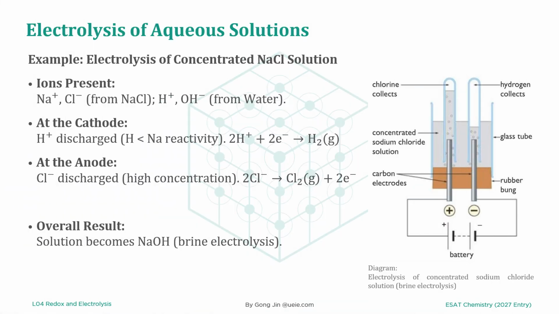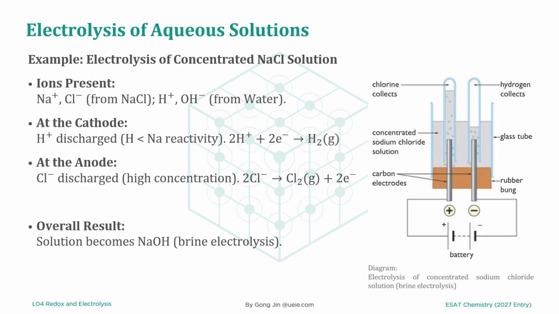Things get a bit more complex when we electrolyze aqueous solutions because water itself is a very weak electrolyte and splits into hydrogen ions and hydroxide ions. So in addition to the ions from the salt, we have these water ions to consider.